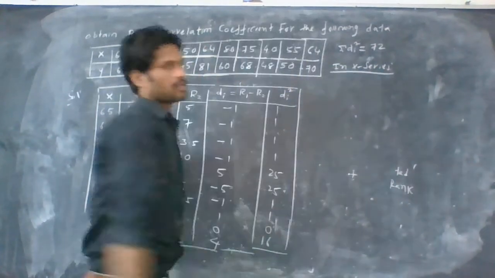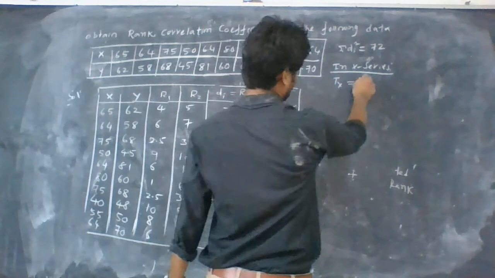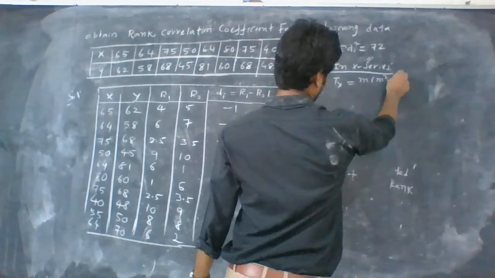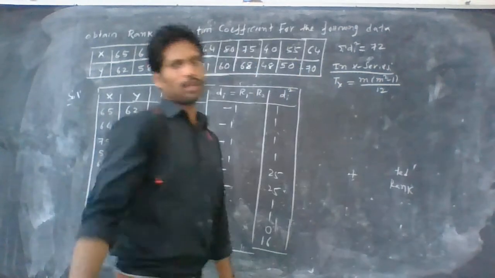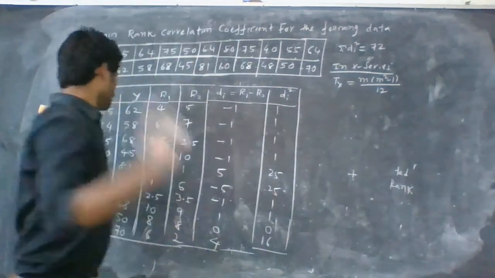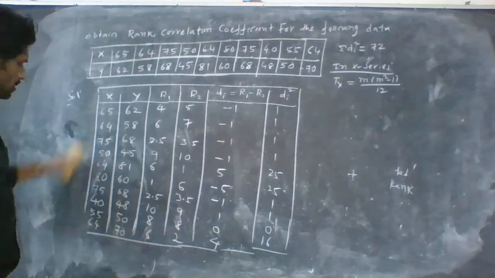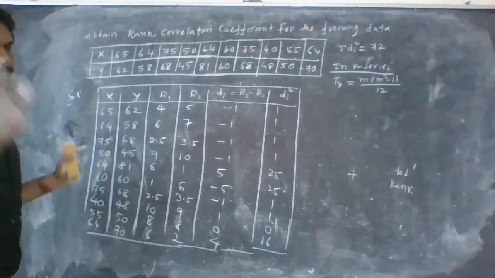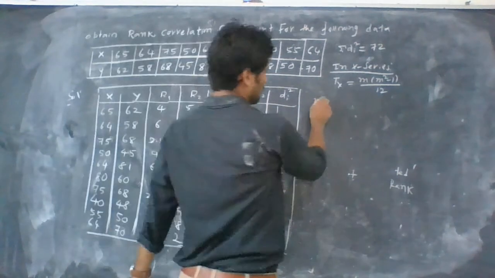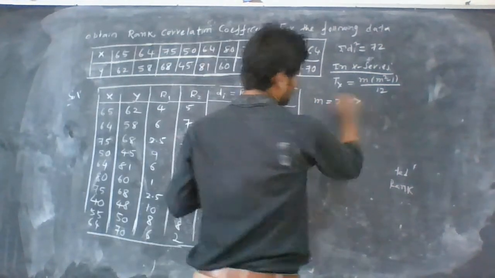In X series, repeated terms: Tx equals m into m square minus 1 by 12, where m is the repeated term. In X series, 75 is repeated 2 times and 64 is repeated 3 times. First, for 75, repeated 2 times, substitute m equals 2.